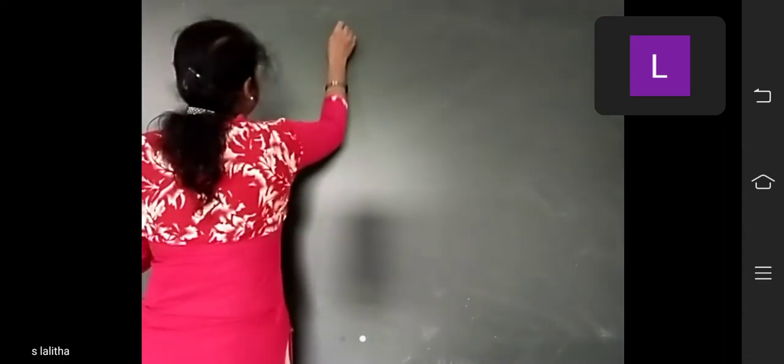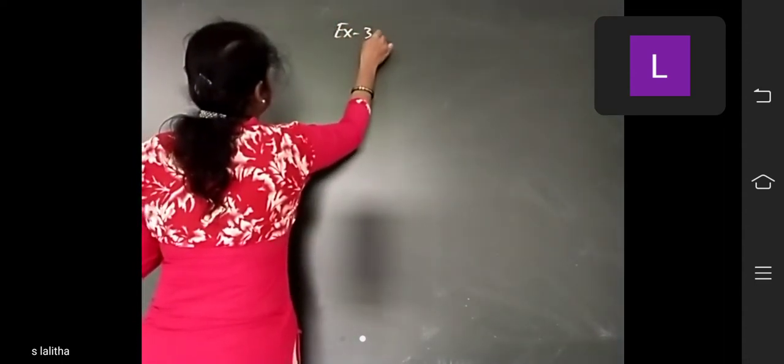Okay. Exercise 3.1, first question. What is the first number? 2,37,192. So is the first number divisible by 2 or not, children?